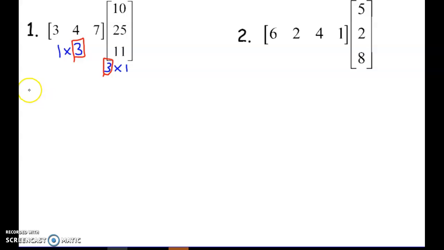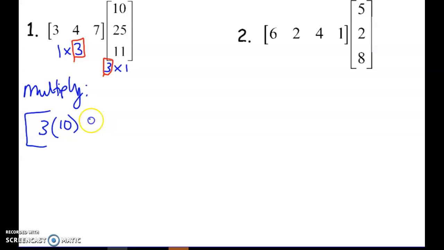Now to multiply, we take that first item in the first row. So we're going to go 3 times the first item in the first column, 10. We're going to add to that the second item in the first row, 4 times the second item in the first column, 25. And we're going to add to that the third item.